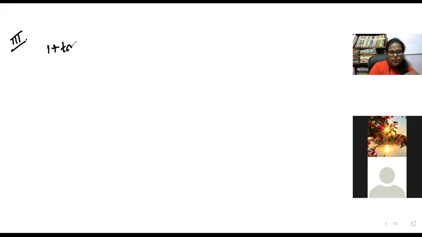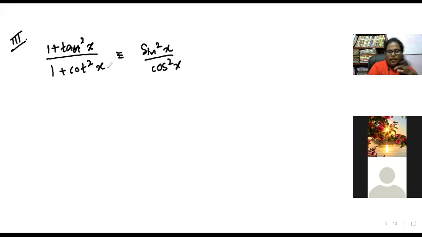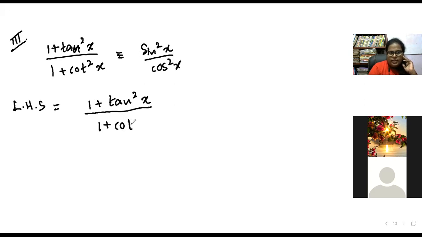Our identity is (1 plus tan square x) over (1 plus cot square x) is identical to sine square x over cos square x. Remember, take the left hand side as 1 plus tan square x. Imagine someone can't remember the 1 plus tan square x identity, then what can he or she do?